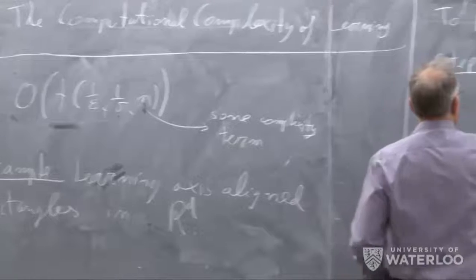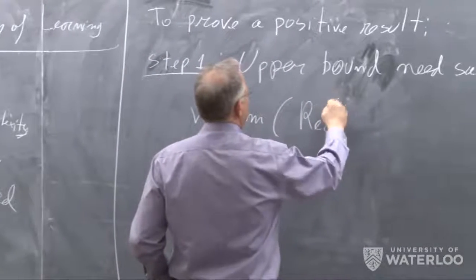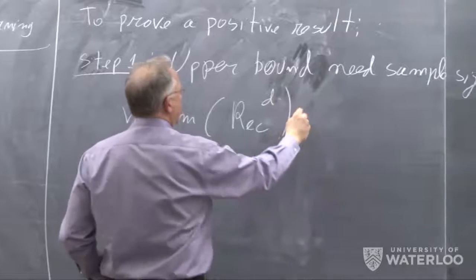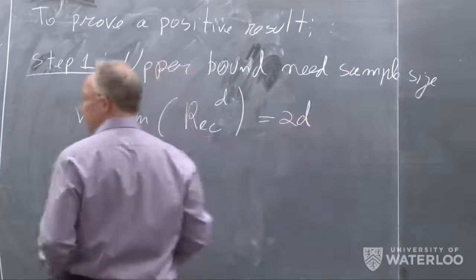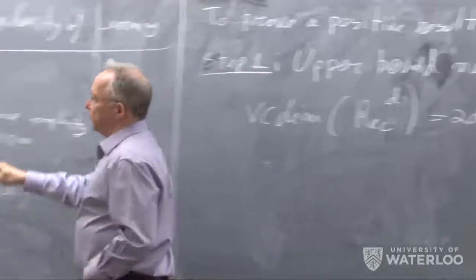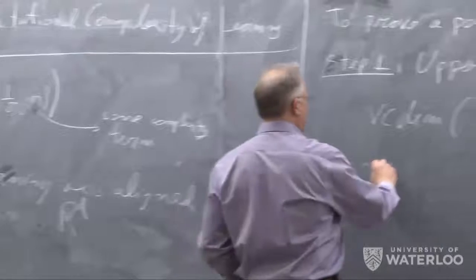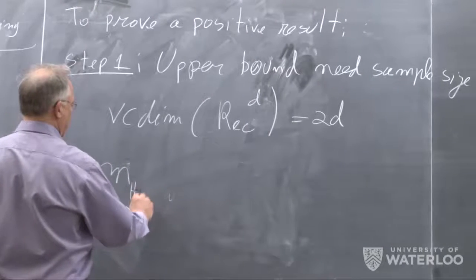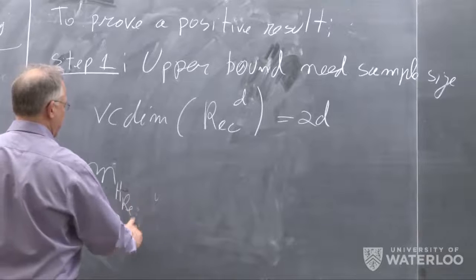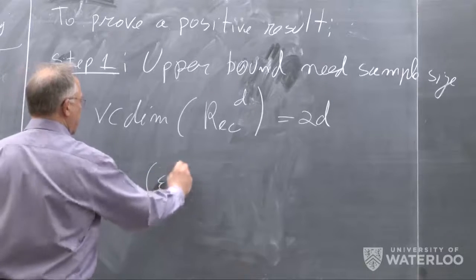So the VC dimension of this class, rectangles in Rd, we know that it is 2d. And therefore, in order to achieve these parameters, we need the sample size m of H rect d for epsilon delta.